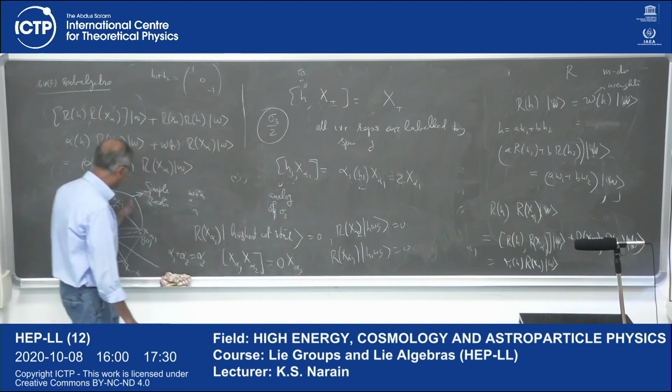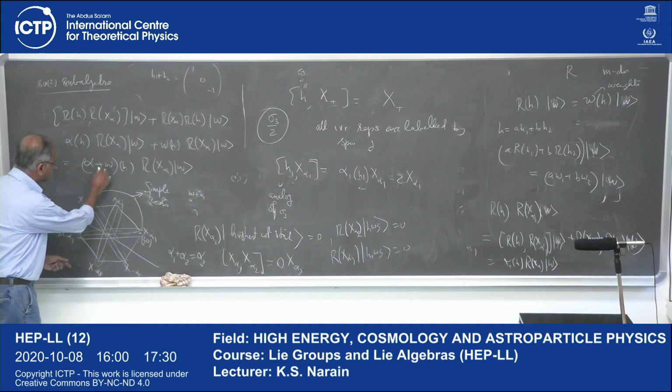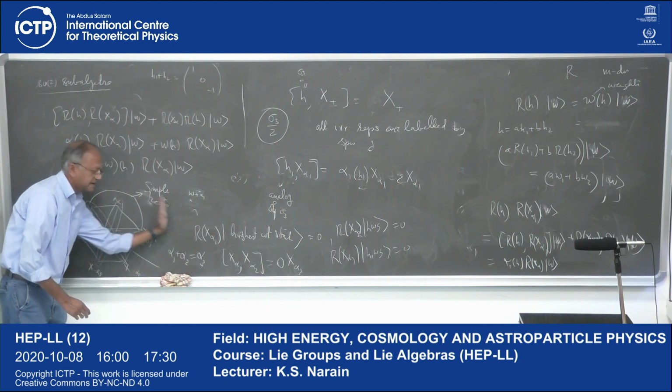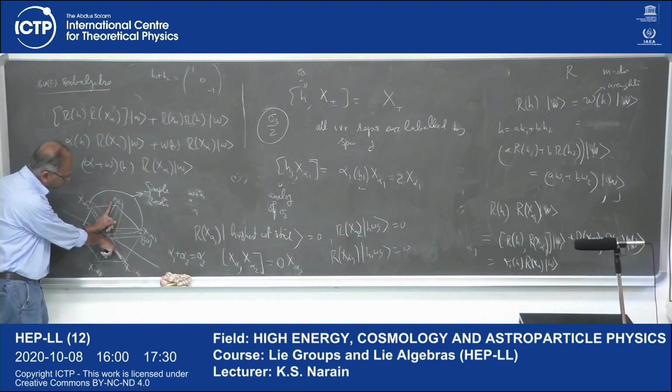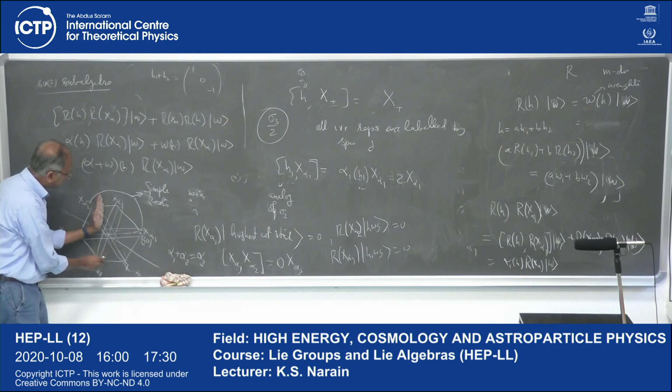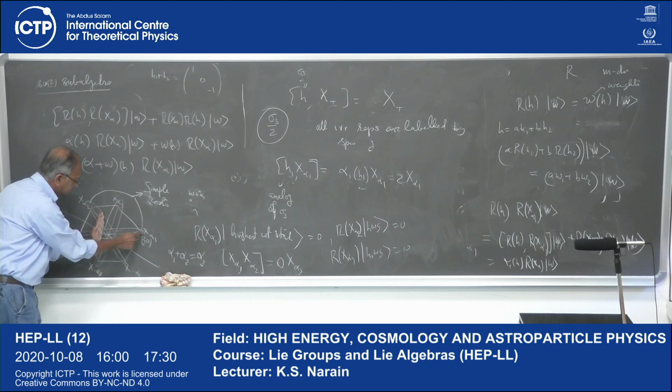Okay? If I had chosen a different positive root, suppose I had chosen this as positive, everything this side is positive, that is negative, then the simple roots would be these two. You see? Okay? If I had defined this as positive, that means in this SU2, this is the J plus. In this SU2, that is J plus.